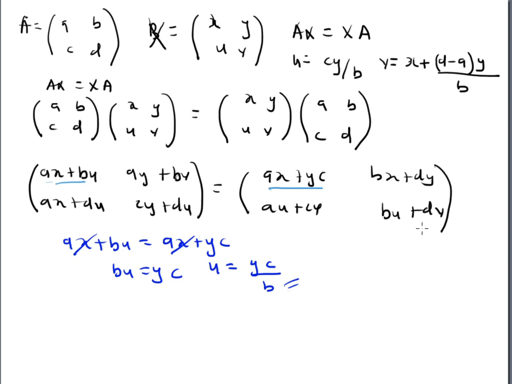Okay. Now the second one also, we are going to do the inspection first. If the inspection doesn't work, then we see how we are going to go about it. Okay. So now we've already used the first one, and the first one gave us this equation. Okay. Now let's try and use the second one. Okay. AY, BV, BX, DY. AY is found in this equation.